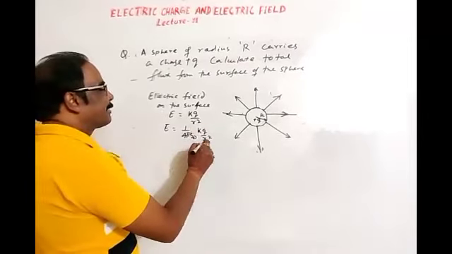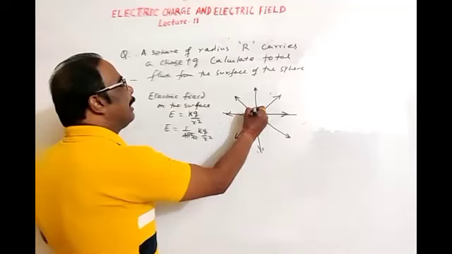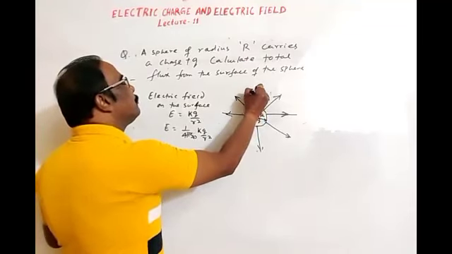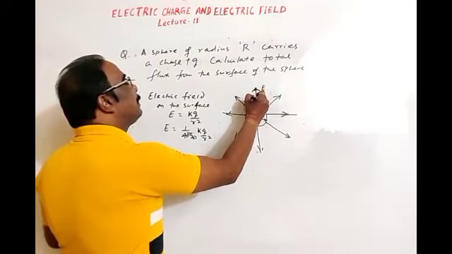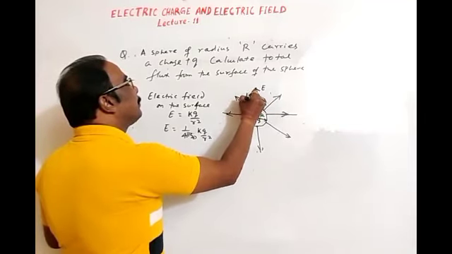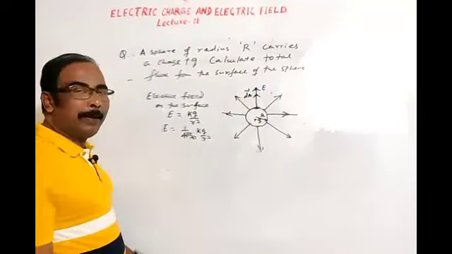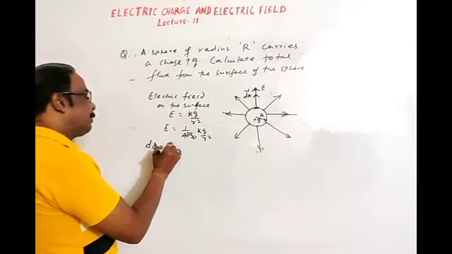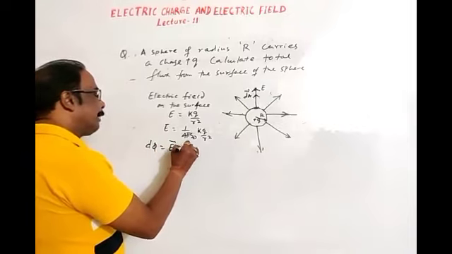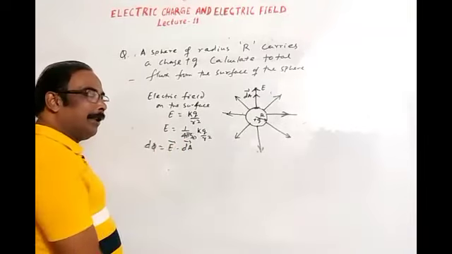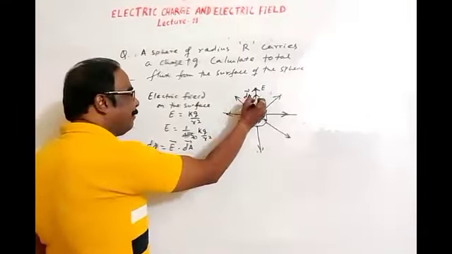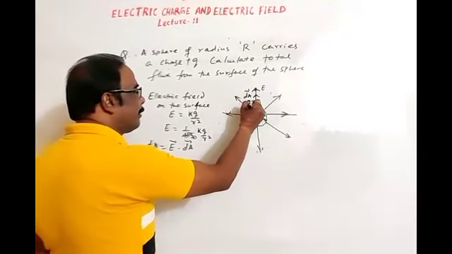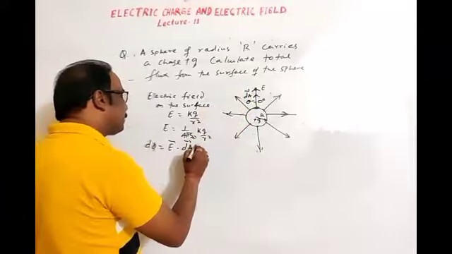Okay, then flux. Let's consider an elemental area at any point. So this is the direction of electric field, and this is also the direction of the elemental area vector. As we know, d phi is equal to electric field dot elemental area vector, and here the angle theta between electric field and elemental area vector is 0 degree, both are in the same direction.